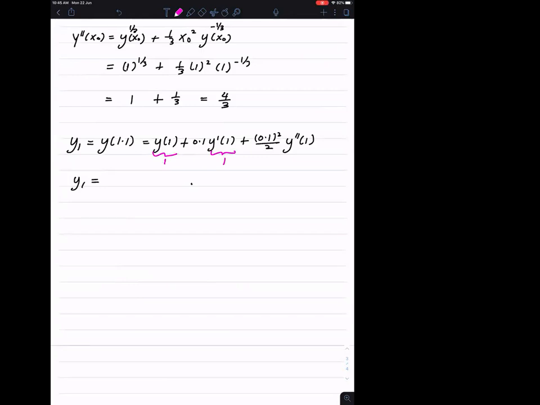And this, we just calculated as 4/3. 1 plus 0.1 plus 0.01 divided by 2 multiplied by 4/3. How much is that?